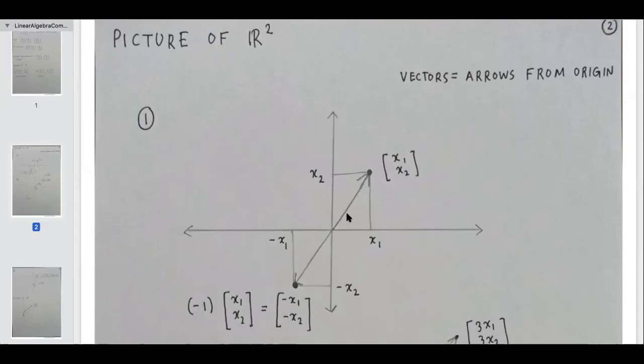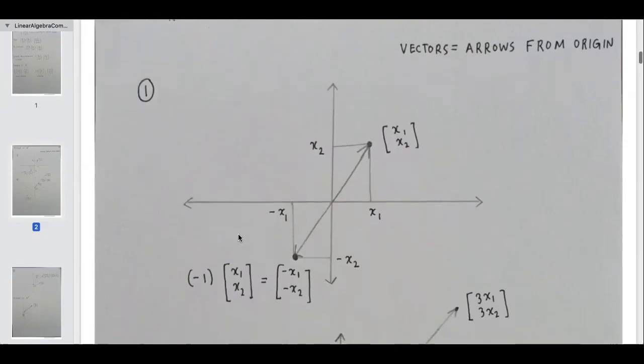If I have the vector x1, x2, I want to visualize it as an arrow that starts from the origin and goes up to the point x1, x2, as shown in diagram 1. And it could be anywhere on this plane.